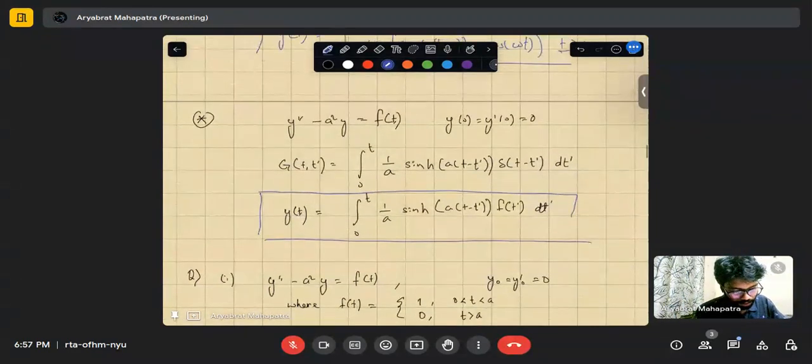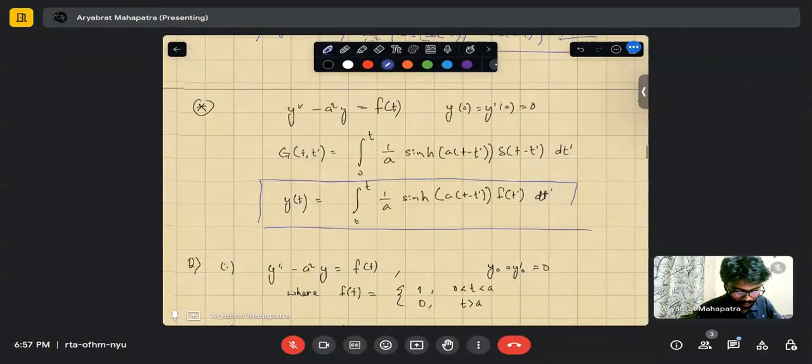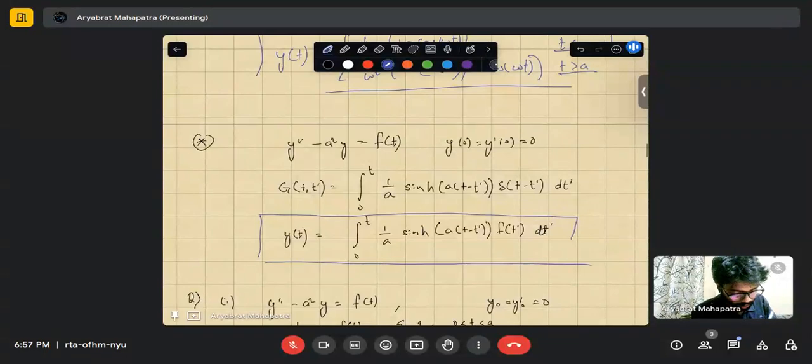Now I have a different form of differential equation this time. Initially it was y double prime plus omega square y equals g of t, but now it is this here. You see that in the second term I have a negative sign, and the initial condition stays the same.